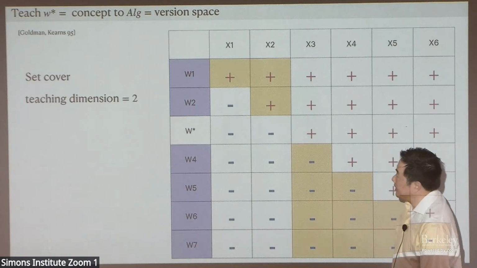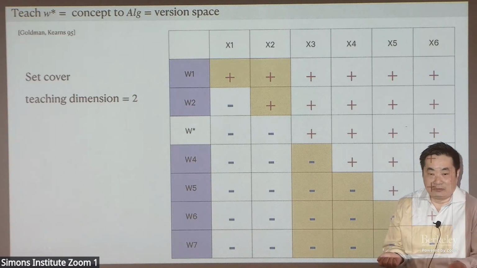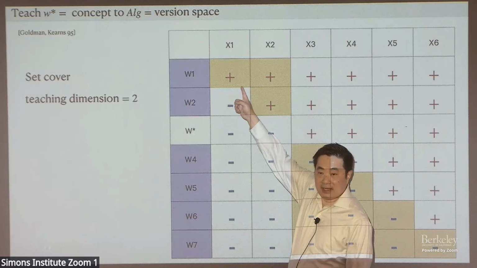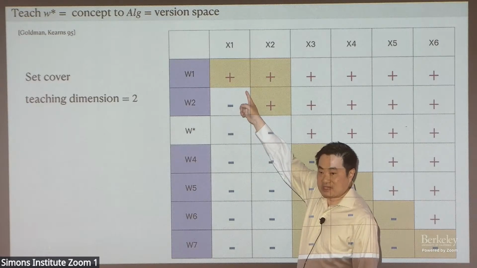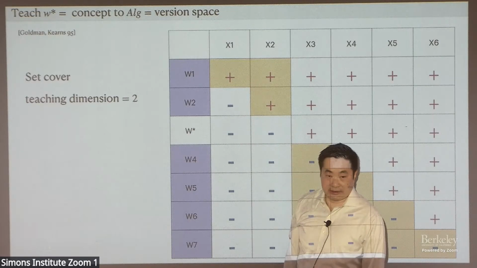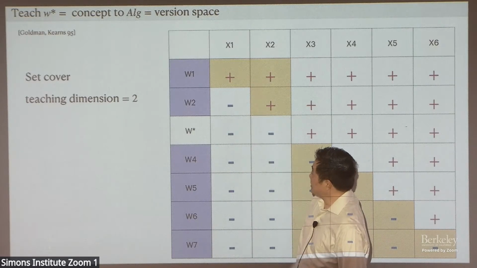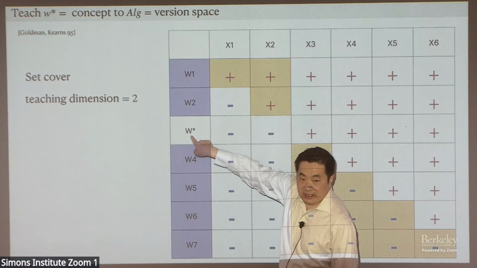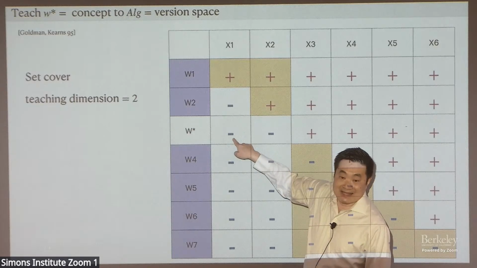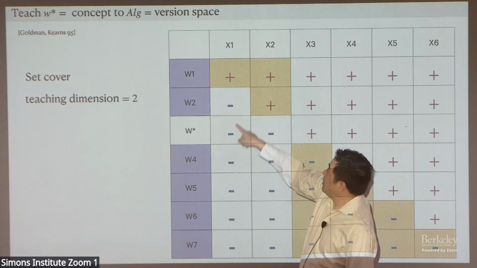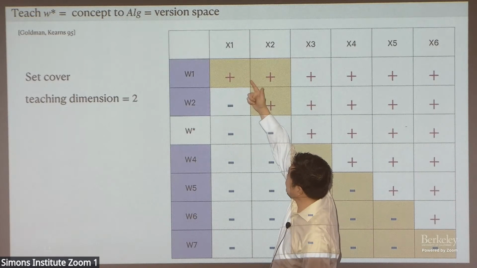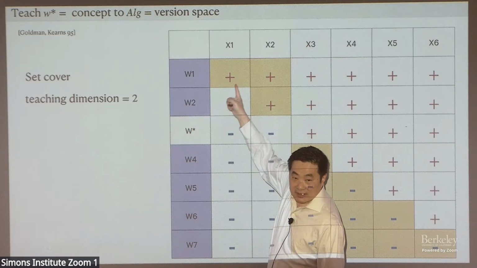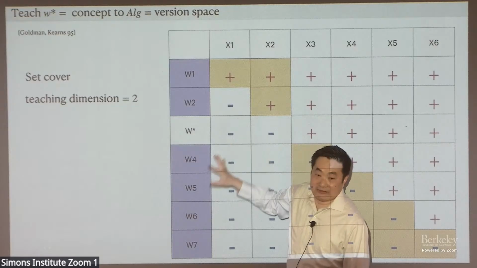And what are the sets that we have available? Well, each item, such as X1, induces a subset. Let's read the column of X1. The true classifier will classify X1 as negative. And X1 says W1 will classify me as positive, W2 will classify me as negative, and so on and so forth.